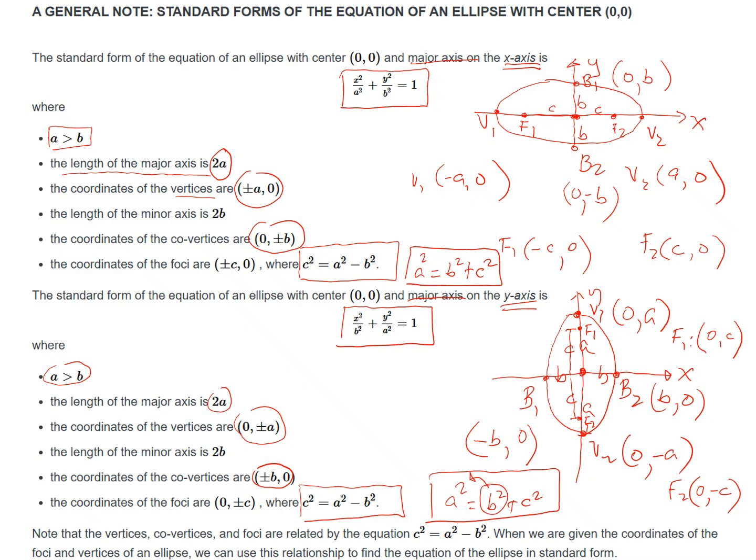Note that the vertices, the co-vertices and the foci are related by c squared equals a squared minus b squared. So when you are given the coordinates of the foci and the vertices of the ellipse, we can use this relationship to find the equation of the ellipse in standard form.